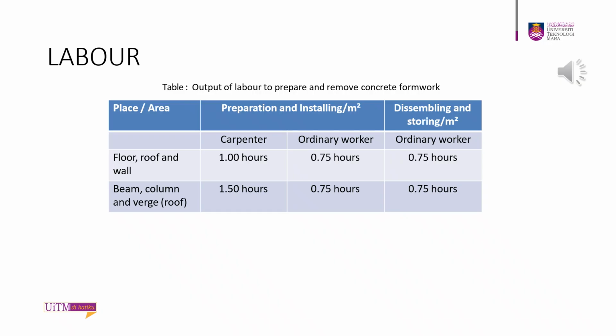For beams, columns, and roof verges, installation takes longer, 1.5 hours for the carpenter and 0.75 hours for an ordinary worker. Because these components are more complex, the removal time remains the same at 0.75 hours per square meter. These labor outputs are used to calculate the total labor cost in the built-up rate of formwork.